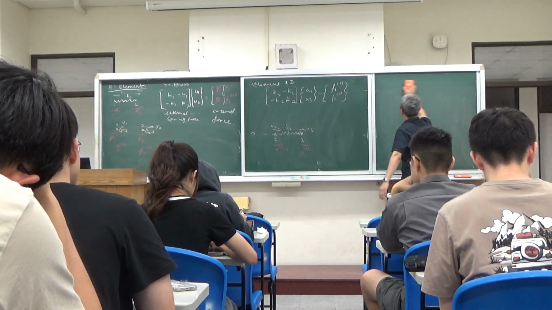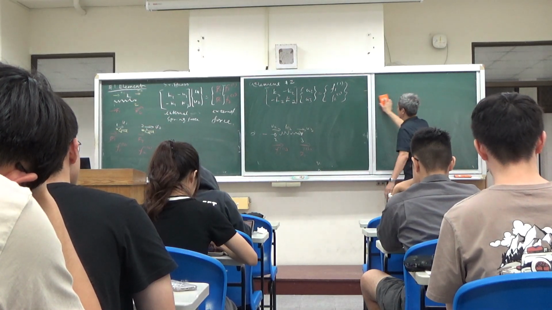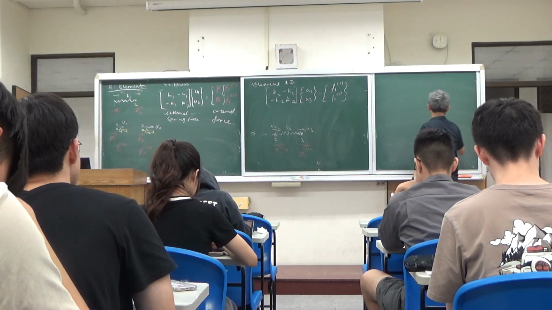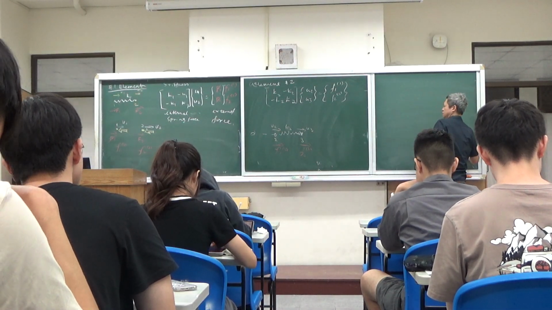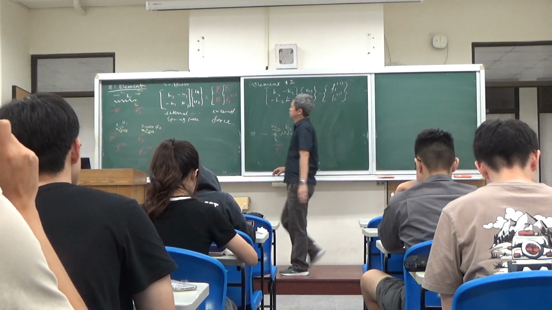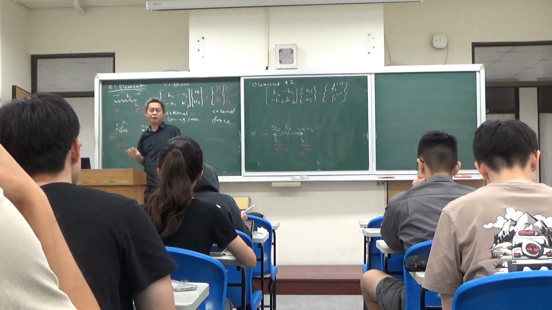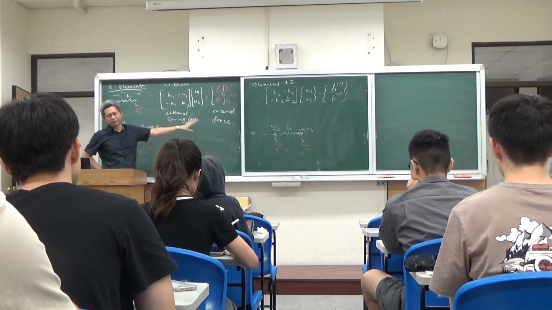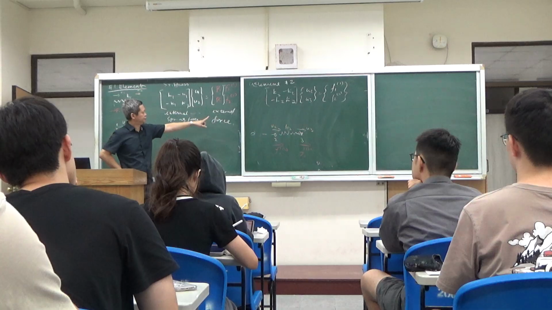How do you group them together? Please understand the meaning of the truss equation. The meaning of the truss equation is what?